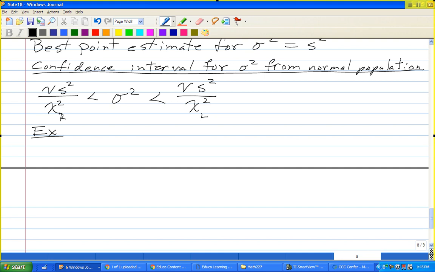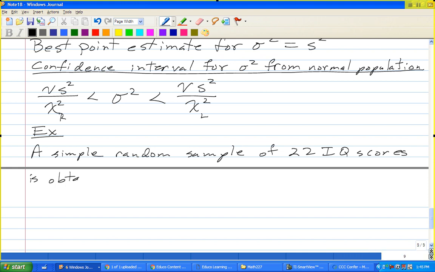Construct a confidence interval for the population variance.